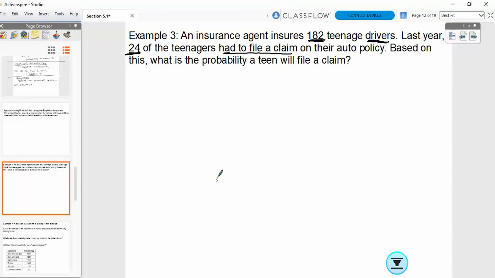Last year, 24 had to file a claim. Based on this, what is the probability a team would file a claim? So how would I find that probability? 24 divided by 182, the number that filed a claim out of the total.